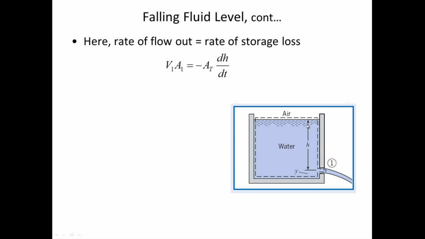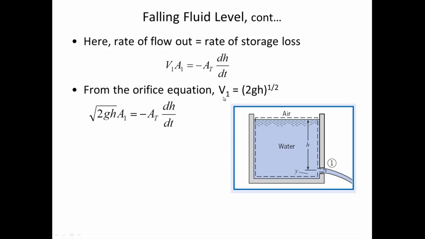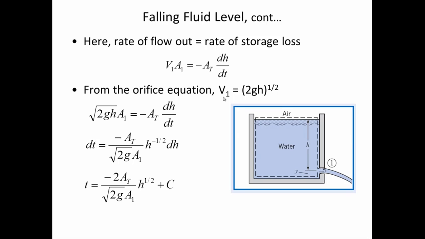So the elevation is decreasing over time, and if we substitute in the orifice equation for the velocity here at the outlet, where the orifice equation is the square root of 2gh, and solve for dt, we can integrate that to find the amount of time it takes for the liquid level to fall some distance h.